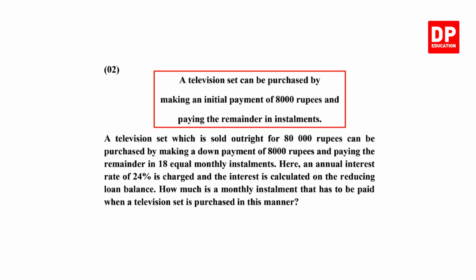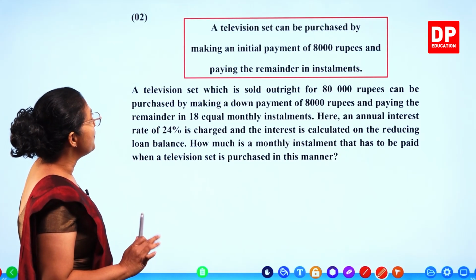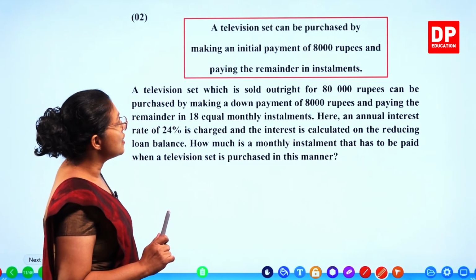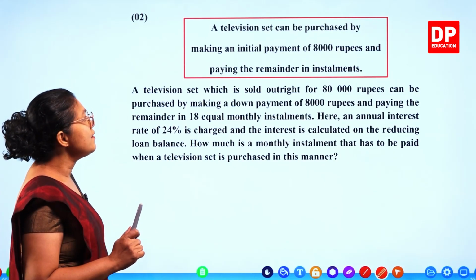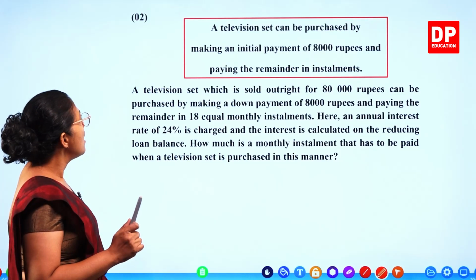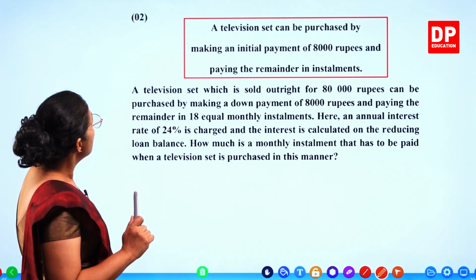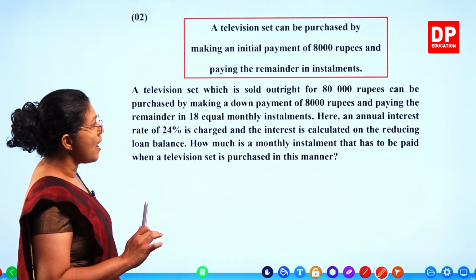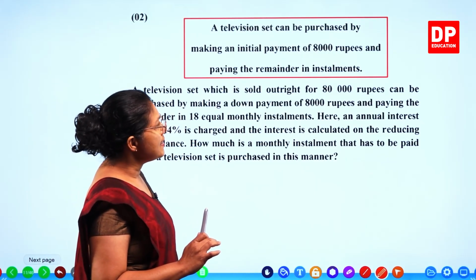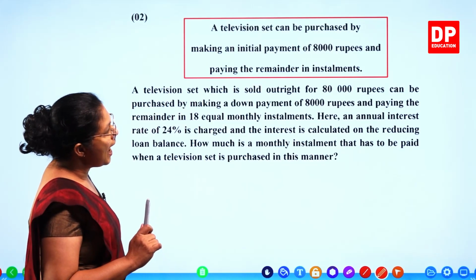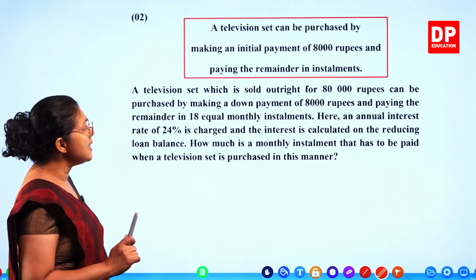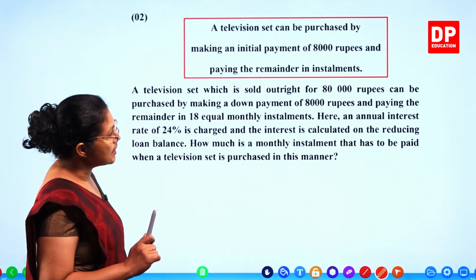It's about percentages and monthly installments. So let's see what we can do here. A television set can be purchased by making an initial payment of 8,000 rupees and paying the remainder in installments. A television set which is sold outright for 80,000 rupees can be purchased by making a down payment of 8,000 rupees and paying the remainder in 18 equal monthly installments.